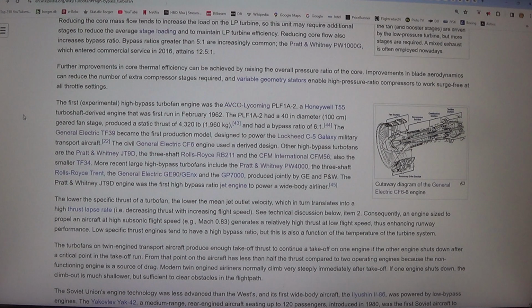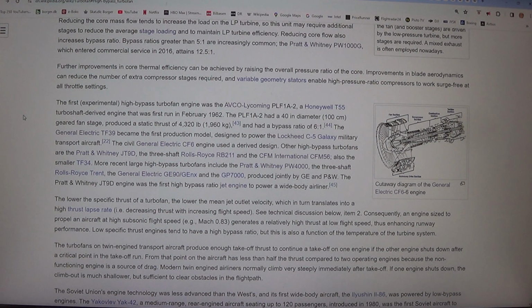The PLF1B-2 had a 40 in (100 centimeters) diameter geared fan stage, produced a static thrust of 4,320 pounds (1,960 kilograms), and had a bypass ratio of 6:1. The General Electric TF39 became the first production model, designed to power the Lockheed C-5 Galaxy military transport aircraft.